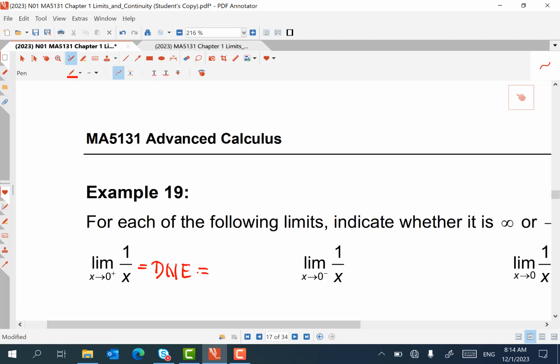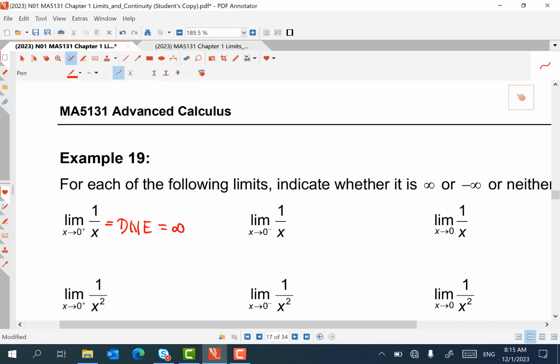But it is more informative if you say like this. Right, it's more informative. Okay, so when x approaches 0 plus, which means x goes towards 0 from the right hand side. So imagine numbers such as 0.001, 1 divided by 0.001 is indeed large and positive. So likewise, you will say that this one is.